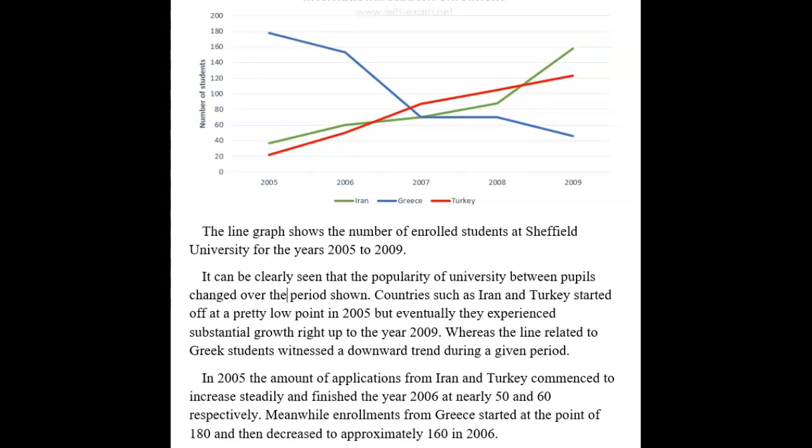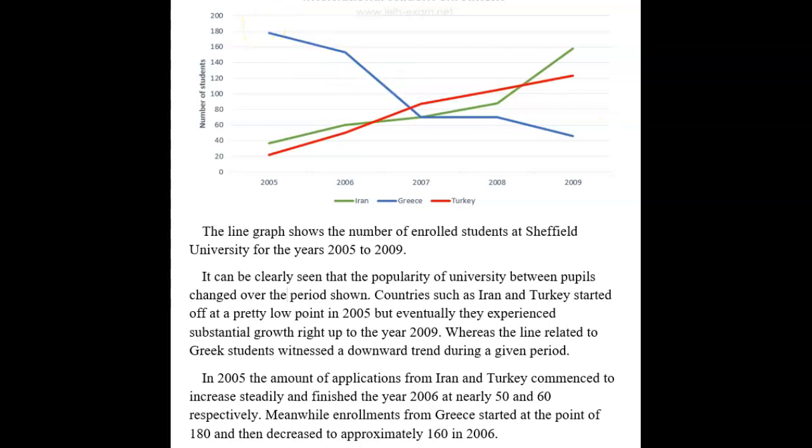So, okay, I think that if it were up to me, I probably would have done this a little differently. One thing that I would have done is I probably would have started with Greece and I would have had one paragraph just about Greece.